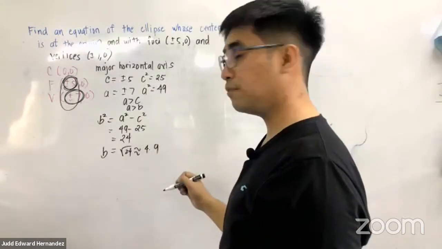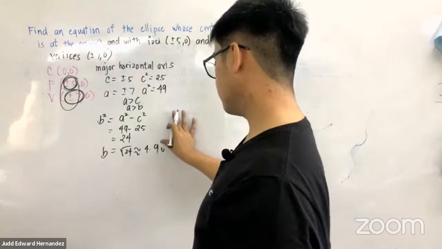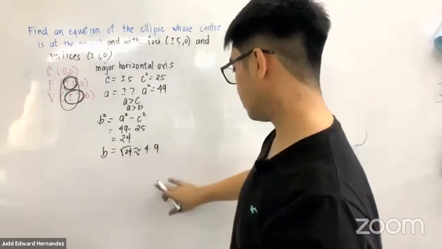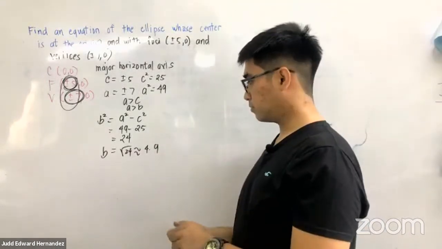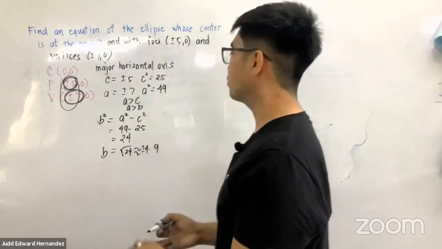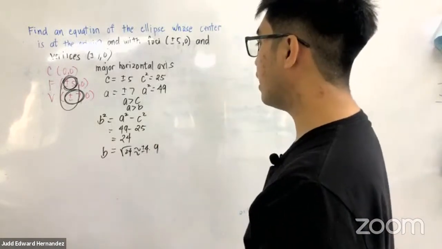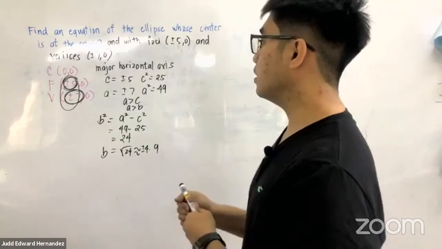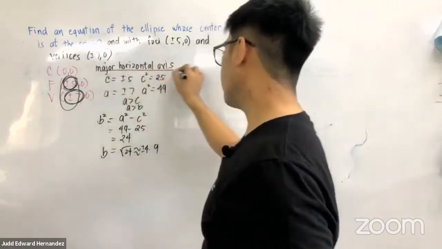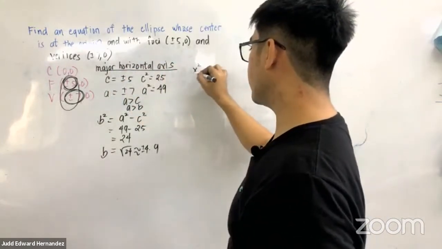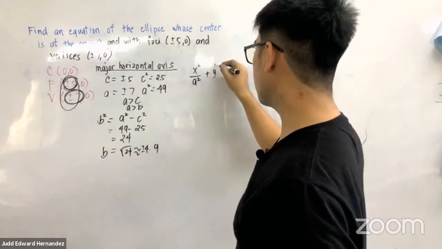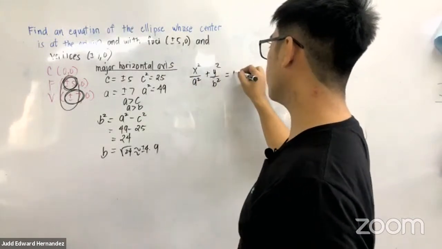What is the square root of 24? Paki-check nga, guys. 4.9. Okay, that is plus minus 4.9. So we now have A, B, and C. If this is major horizontal axis, the formula that we will be using is x squared over A squared plus y squared over B squared is equal to 1.